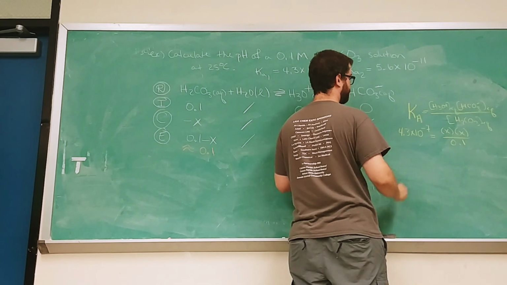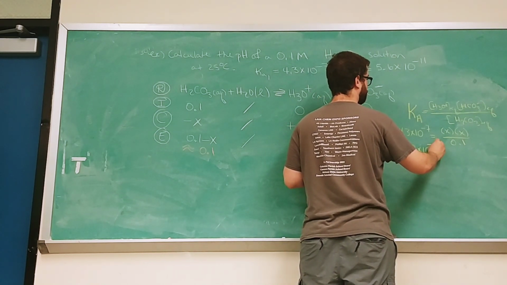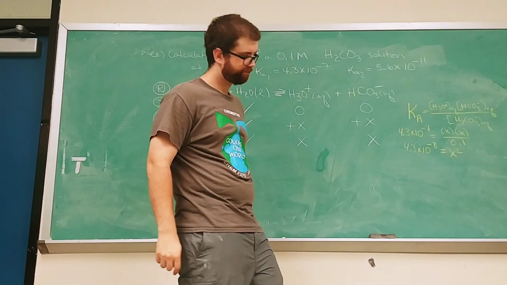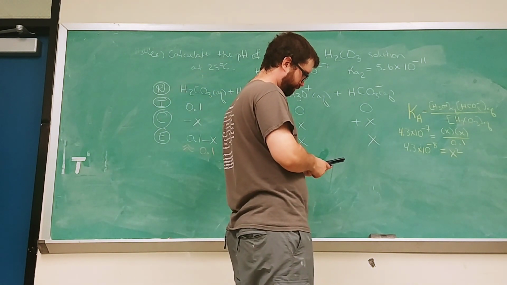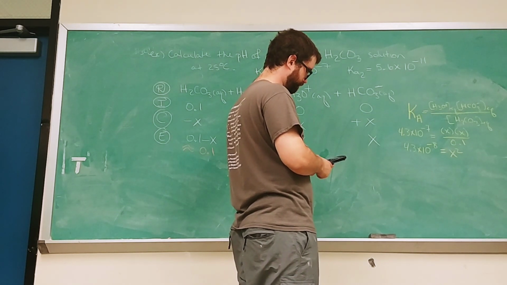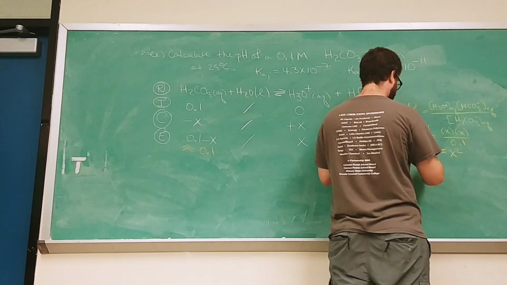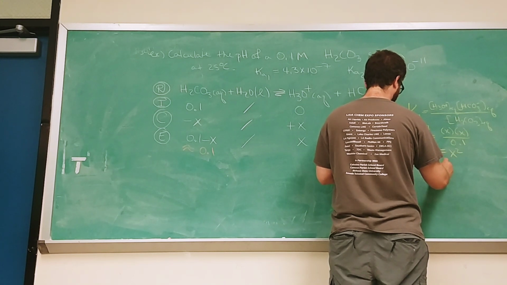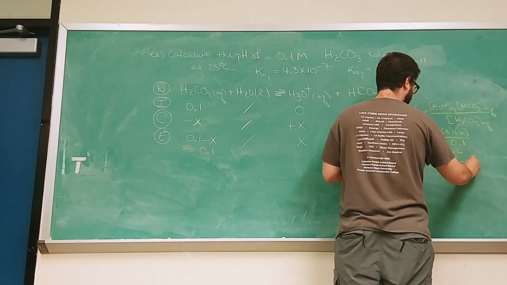multiply both sides by the denominator, and take the square root, that gives me a value of x of 2.07 times 10 to the negative 4.